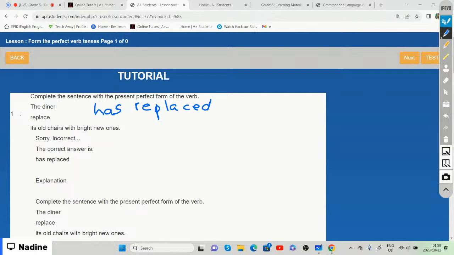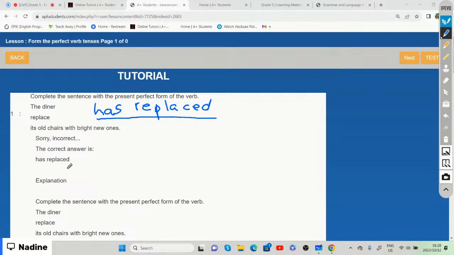So has replaced shows the present perfect form within that sentence.